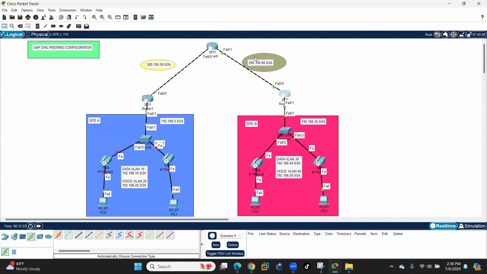So please configure your router interfaces. Yes, configure your VLAN. You have to configure your VLAN. Yes, let me guide you on this one, please. Configure your router interfaces first.